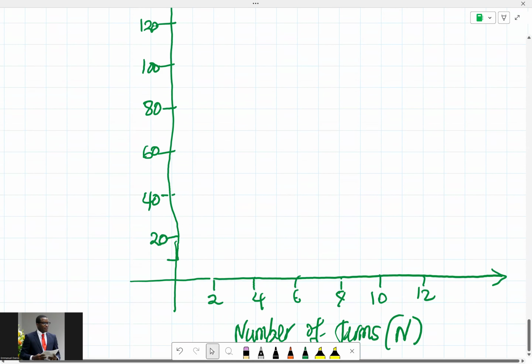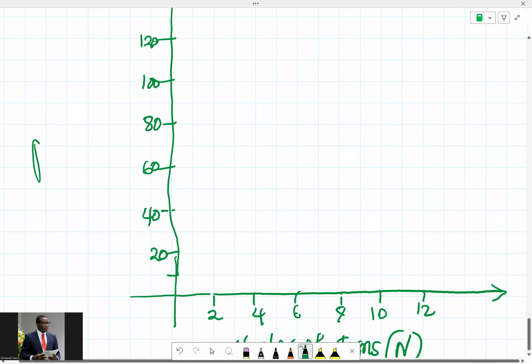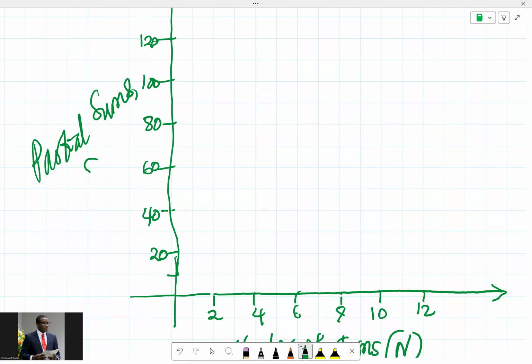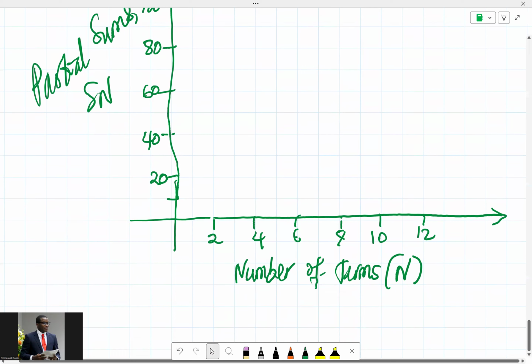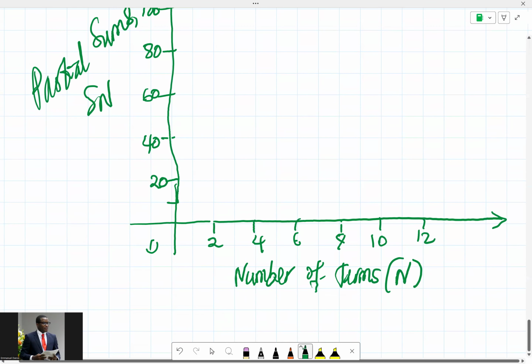So this is partial sums, Sn. This is the origin.